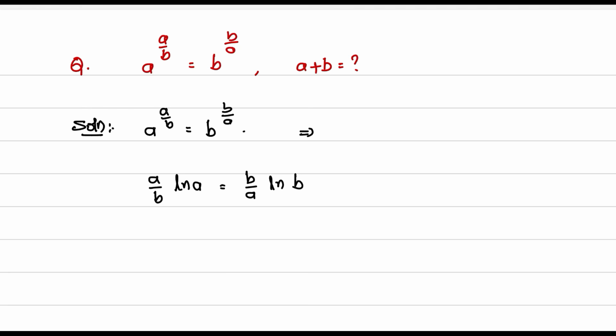Do you agree? Which implies by cross multiplication a square by b square ln a is equal to ln b, which implies a square ln a is equal to b square ln b.